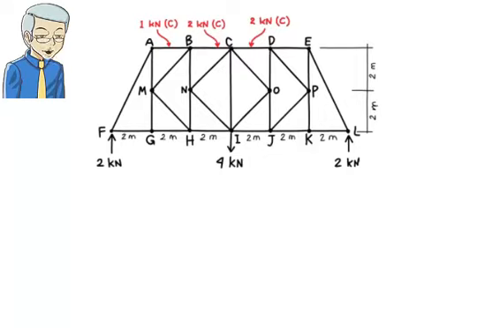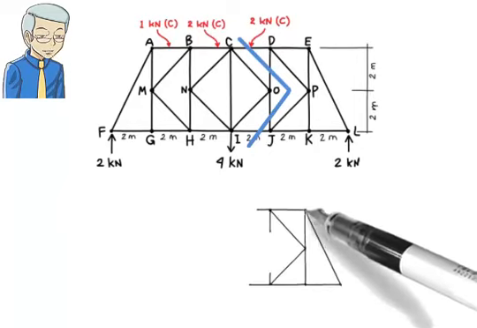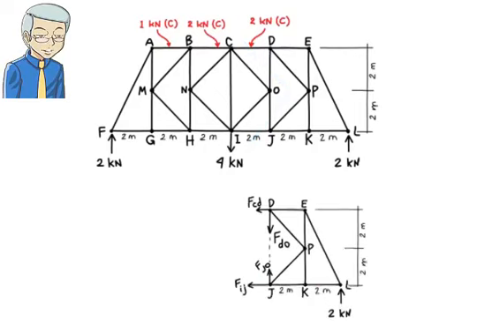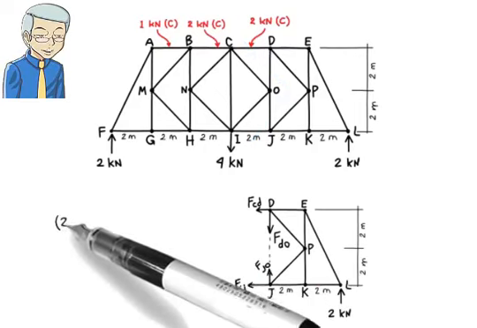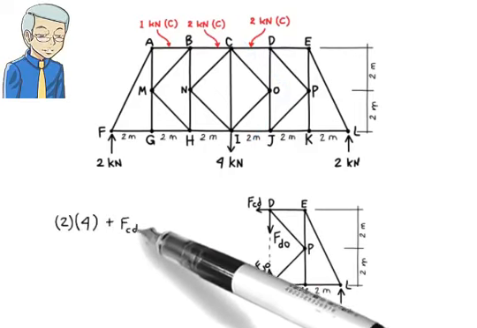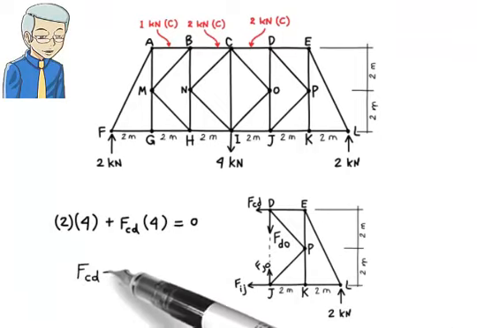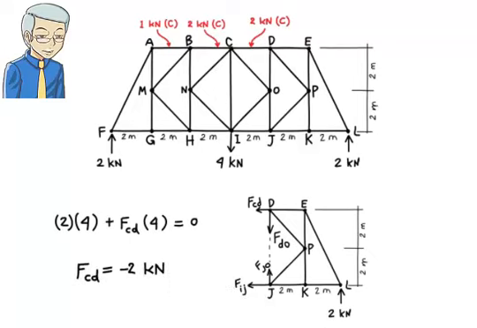Alternatively, we can employ the method of sections by cutting the truss like this. Then take the right free body diagram, taking sum of the moments about J, assuming counterclockwise is positive, we get 2 times 4 plus FCD times 4 equals 0, or FCD equals negative 2 kilonewtons.